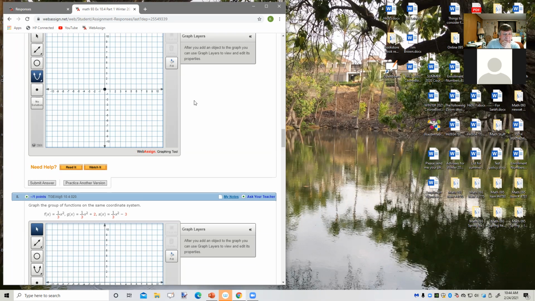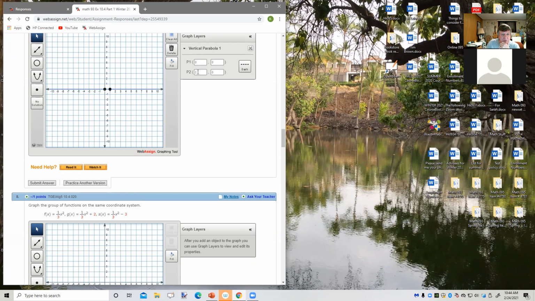Well, now, when I go to graph 1, 1/6, it tends to suck the point down to the x-axis, which is not what I want. So what am I going to do? I'm going to come over here, and my first point was 0, 0.